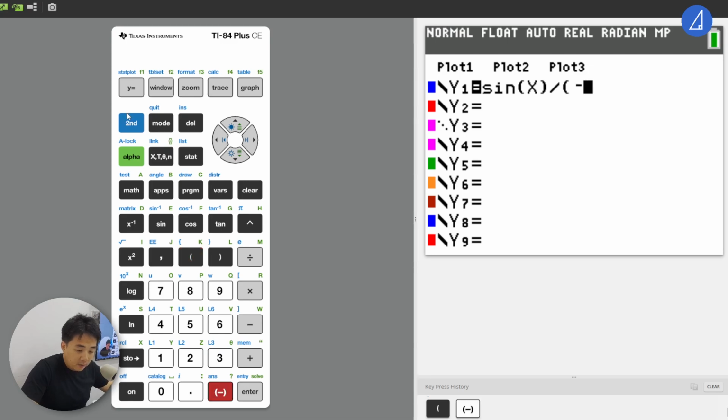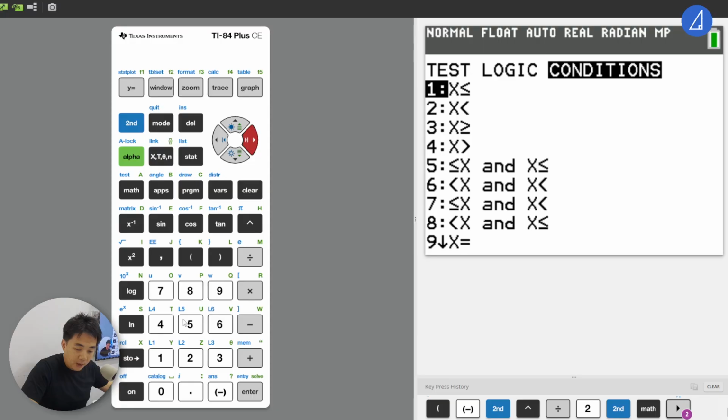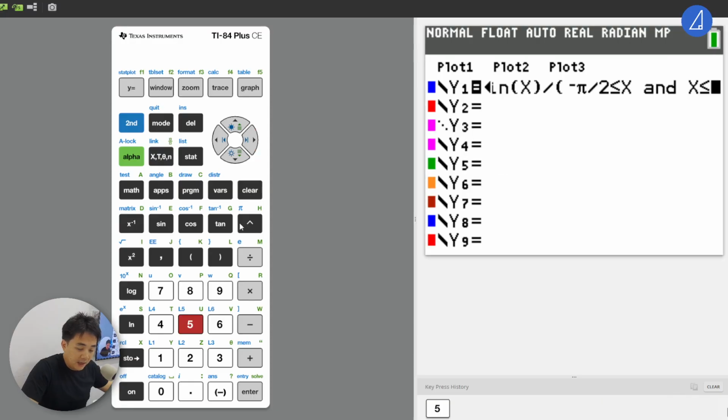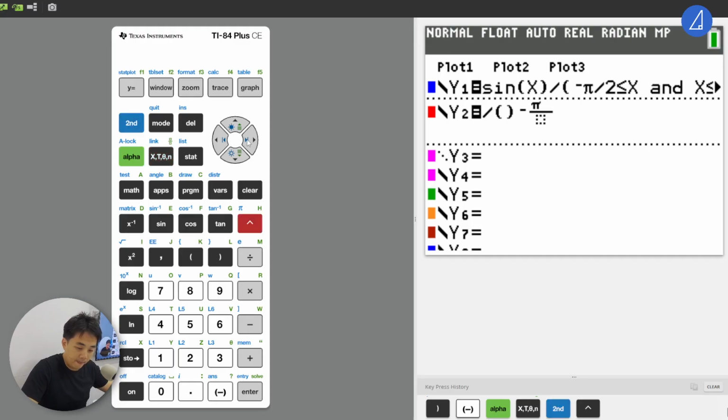Then I put minus pi over 2. Then I press second test, I go to condition, I put number 5. So put this, then you put pi over 2 behind. Okay, this is how you key in your GC.